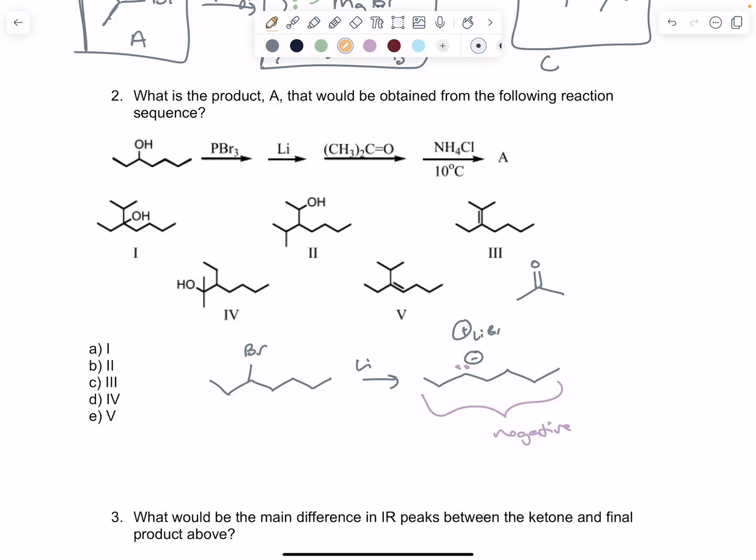So you have to ask yourself, where is there a partial positive, or where's the strongest positive here? We know that there's a resonance structure that makes it look like O minus and then this plus right here. And so there is a strong partial positive that's always present in carbonyl compounds.